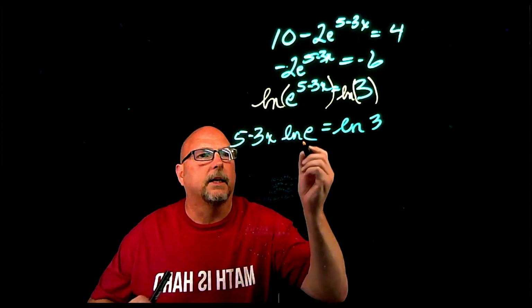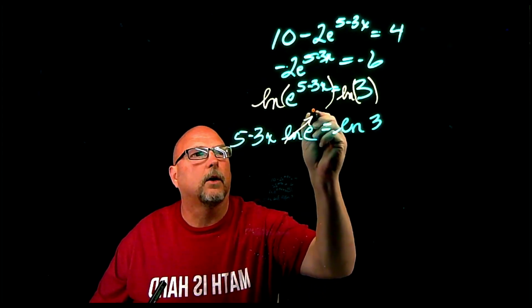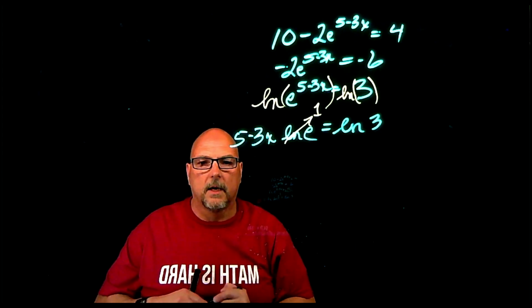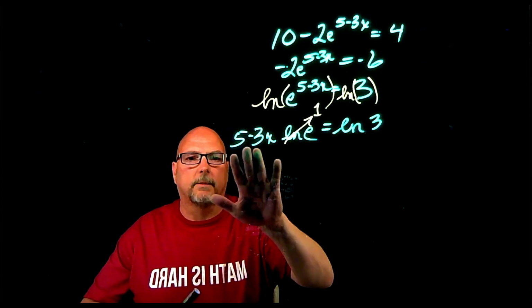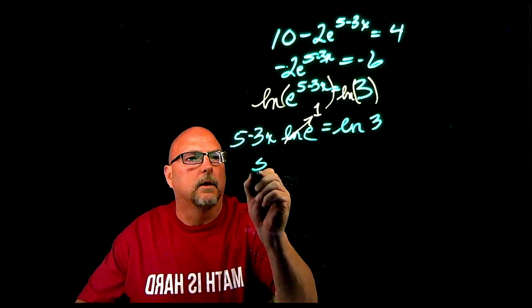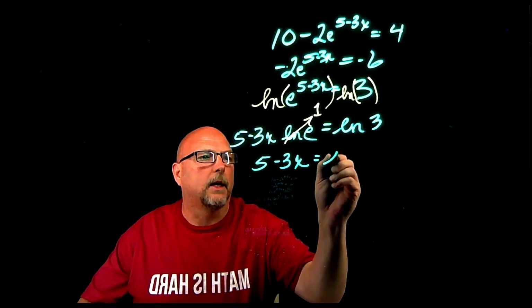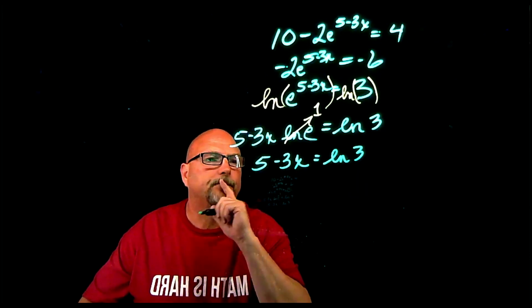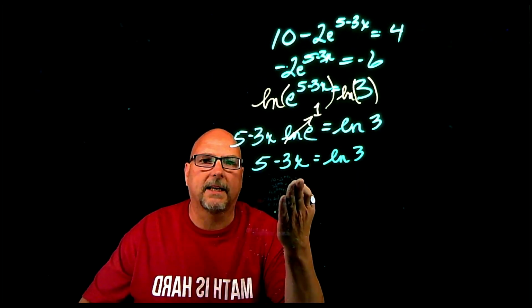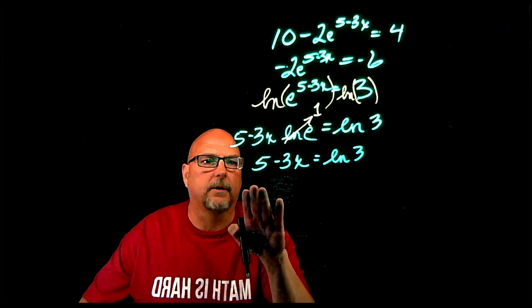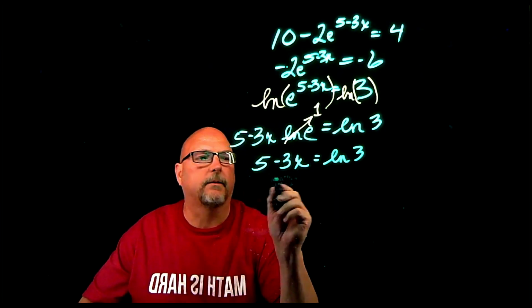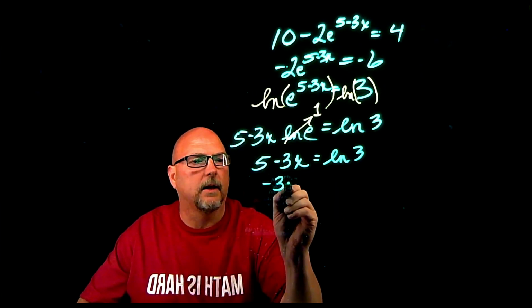So this, again, remember, that's going to go to 1, right? So it's just 1 times 5 minus 3x. 5 minus 3x equals the natural log of 3. See, we want to get at the x here, so I have to get rid of this 5. So I'm going to subtract 5 on each side.